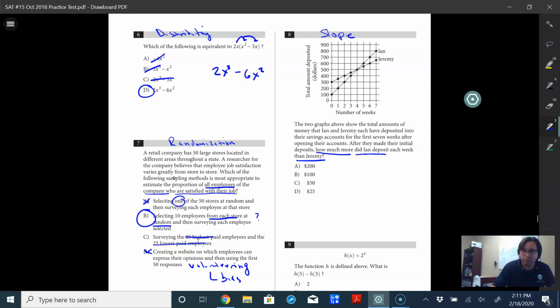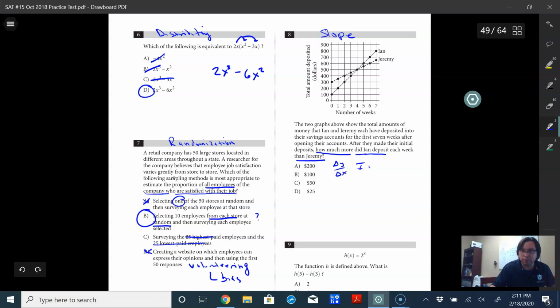So we just have to pick 2 different points. Let's just take Ian. It looks like Ian has the point (0, 100). Remember, we want to understand the change in y over the change in x for each one of them.